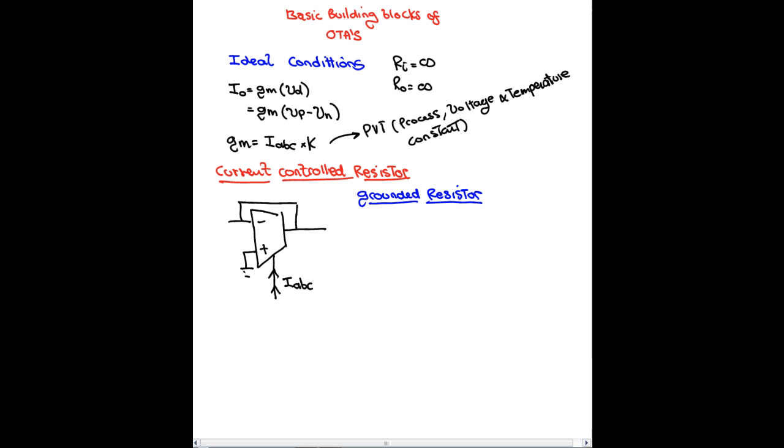Okay, so we'll do a DC analysis to see how it works. Case 1 is going to be a DC analysis. We'll put IABC equal to 0, so the bias current in this case is going to be equal to 0.